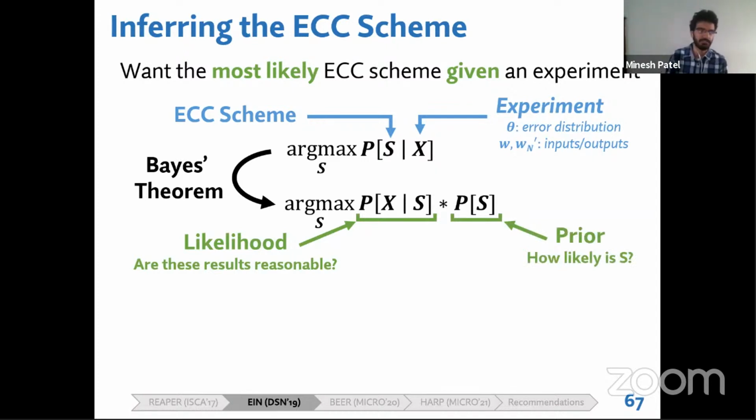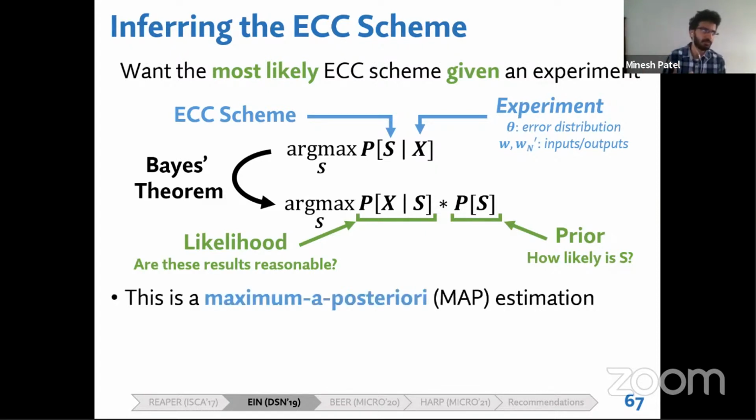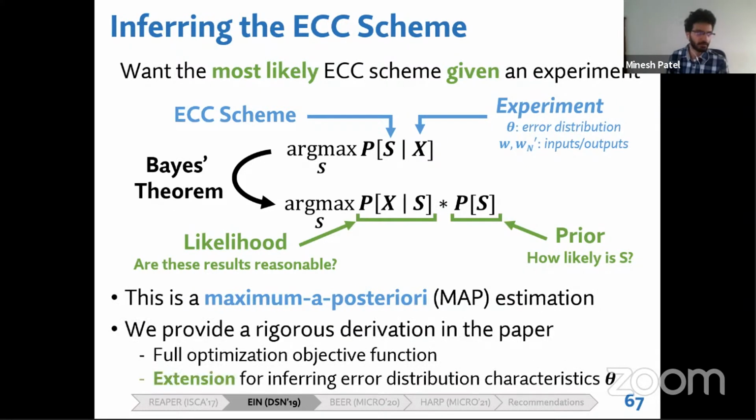In our analysis, if we don't prefer a particular ECC scheme, we can just assume it's a constant value. This essentially describes a process known as maximum a posteriori estimation, or MAP estimation. We provide a more rigorous derivation in the paper, including the full optimization objective function that we deal with for this argmax expression. We also extend this to infer not only the ECC scheme, but also characteristics of the pre-correction error distribution, which we represent here with the variable theta.